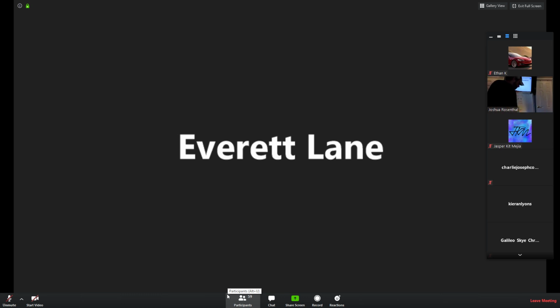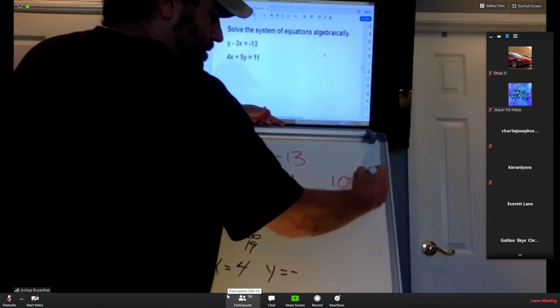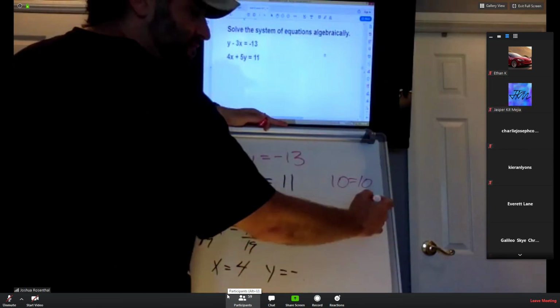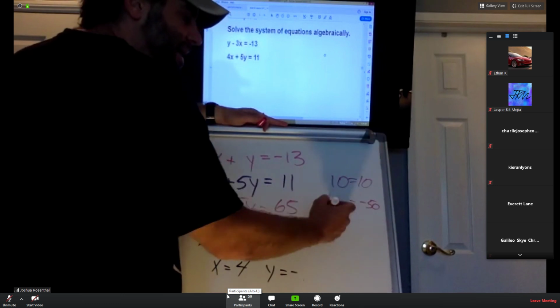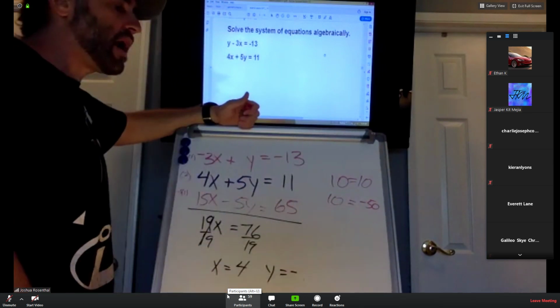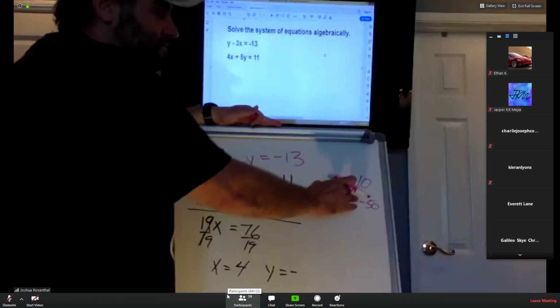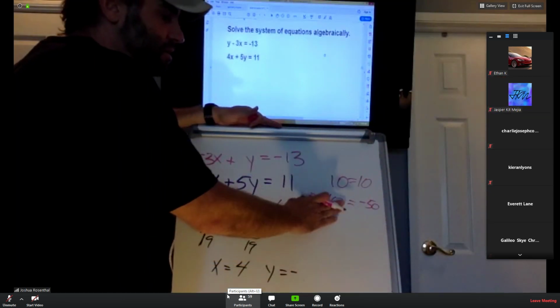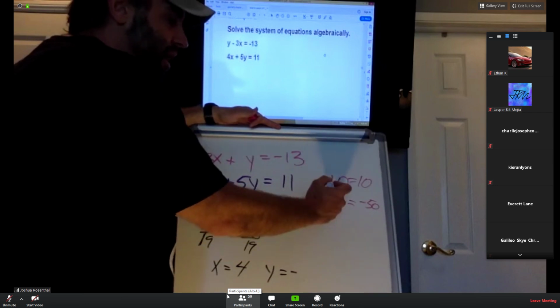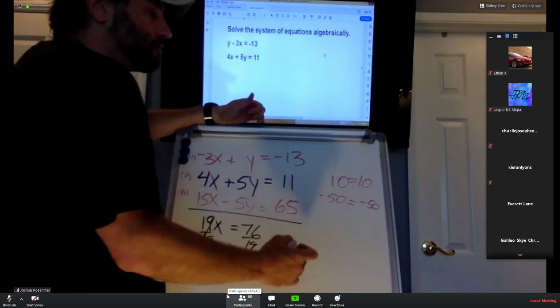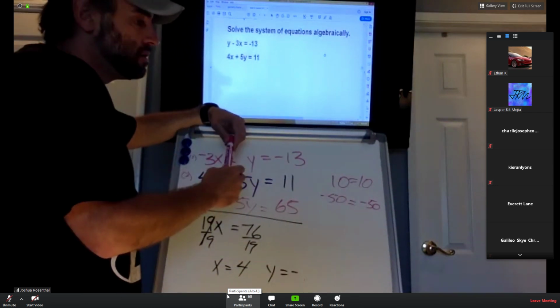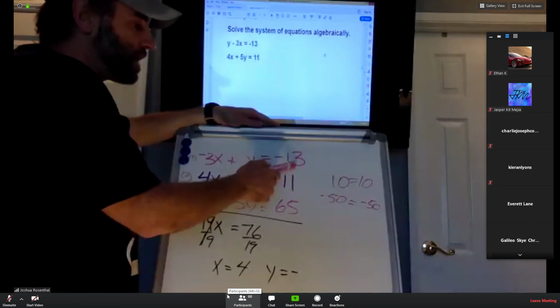Sort of. So you chose -5. No. If I have 10 equals 10, and I multiply one side by -5, I get -50 equals 10. That's not right. Why not? Because when something is in balance and you change something on one side, you must change it the same way on the other side. So you multiply them both by the same amount. What I did is I multiplied that by -5.